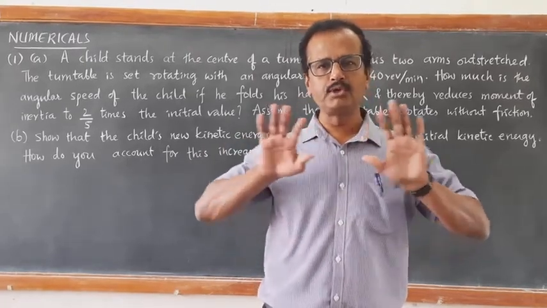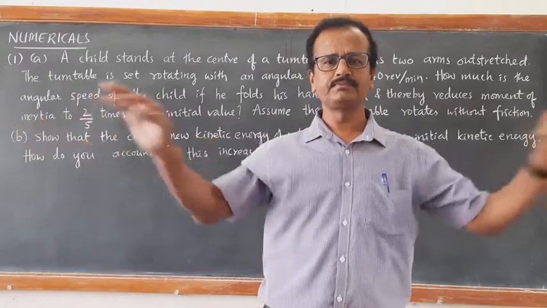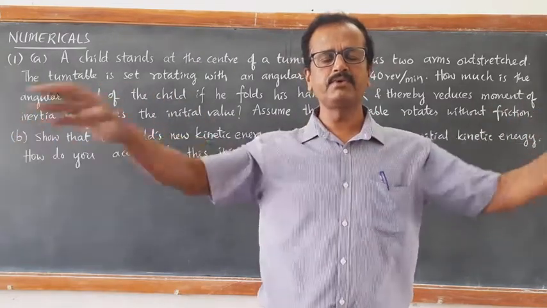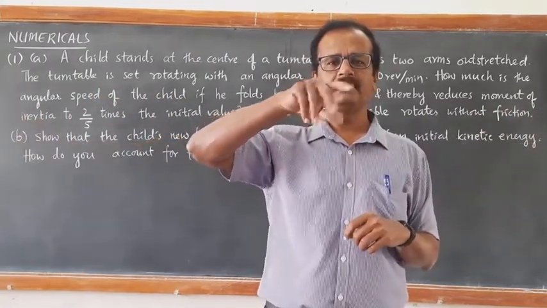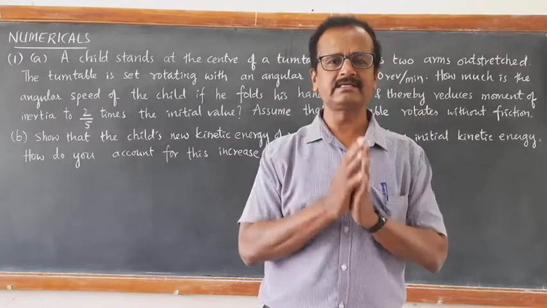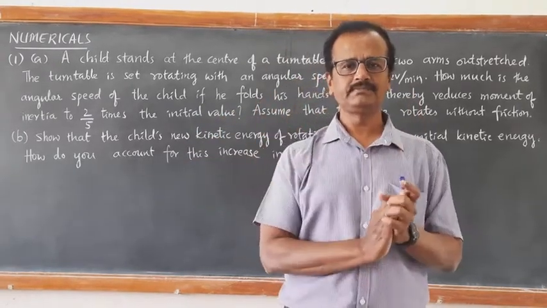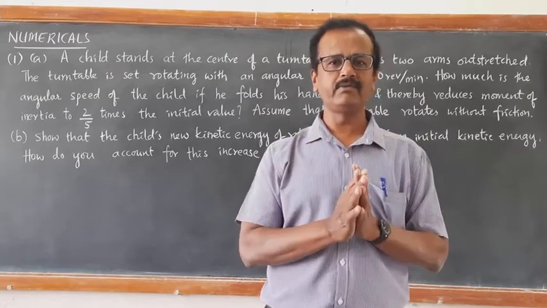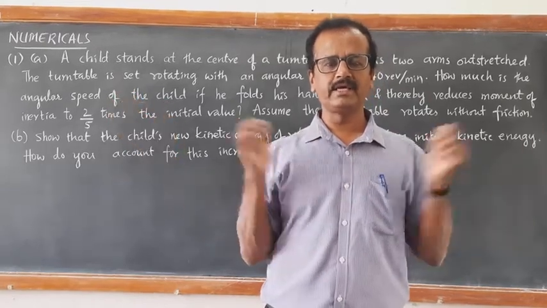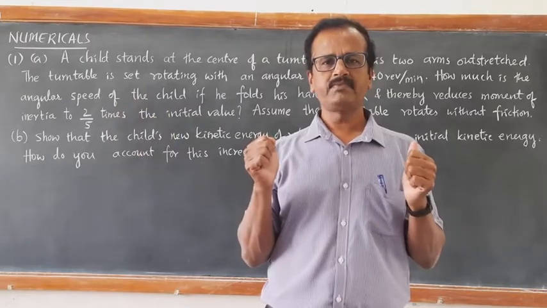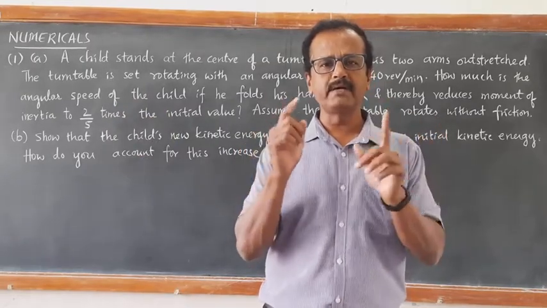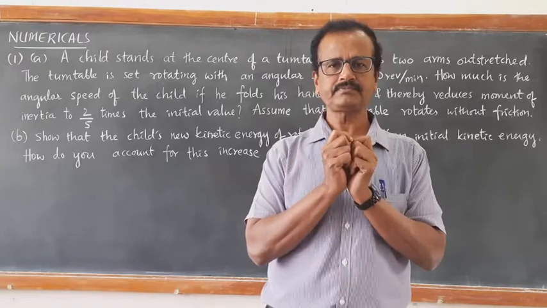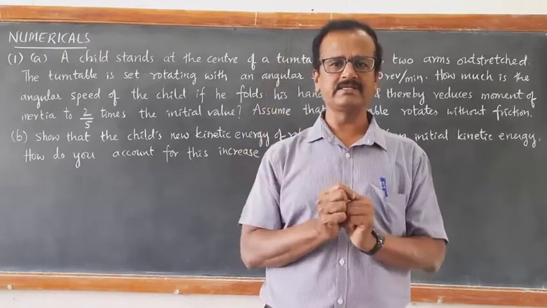If you push those weights away from you, then the speed of that rotating chair decreases. Slowly it comes to a halt. So this is the conservation of angular momentum. When the weights are very close to your body, the moment of inertia is reduced and angular velocity increases.